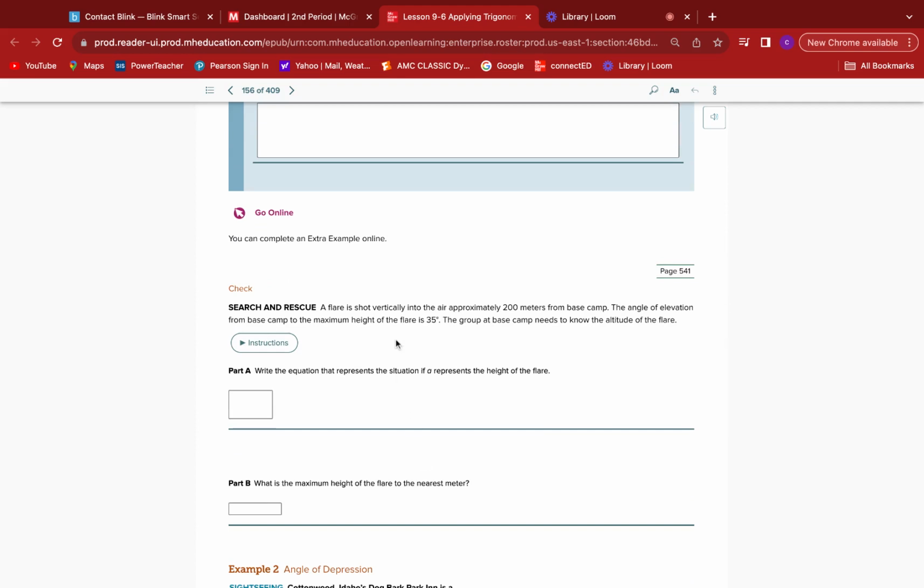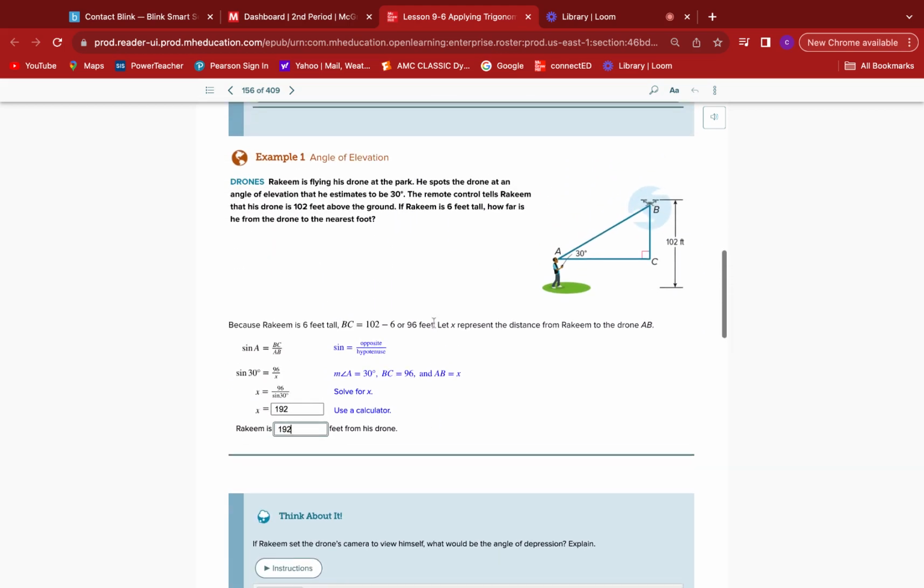A flare is shot vertically into the air approximately 200 feet from the base camp. That is straight up. That is going to be the height of the triangle. Straight up. The angle of elevation from the base of the camp to the maximum height is 35 degrees. All right, so if you're a visual person, I'm talking about this right there is 35.